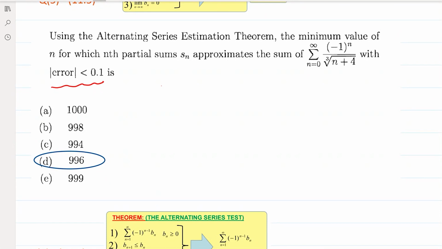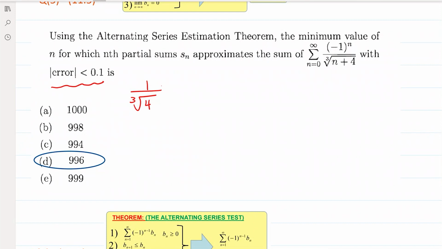I suggest to find the partial sum. What is S1? What is the first term? It will be 1 over the cube root of what? N starts at 0, right? So the partial sum S1 will be 1 over the cube root of 4.